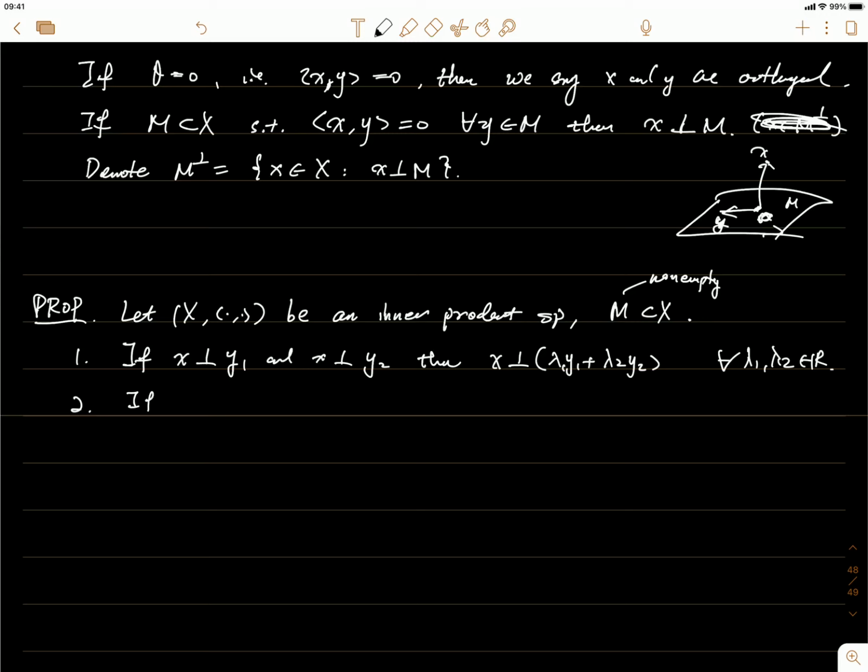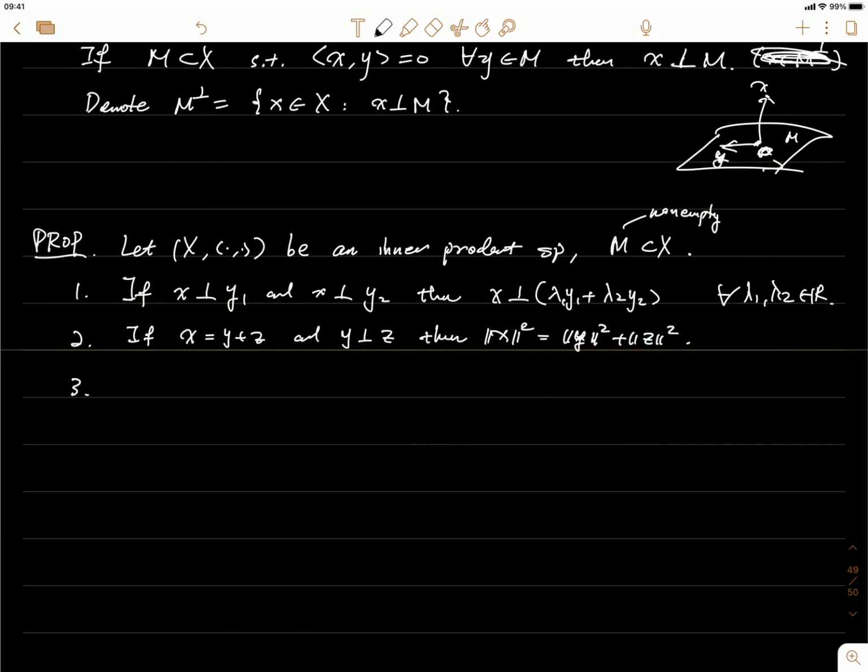Second is that if x equals y plus z, and y is orthogonal to z, then the squared norm of x is equal to the squared norm of y plus the squared norm of z. You can again see this is a generalization of the Pythagorean identity for right angles.